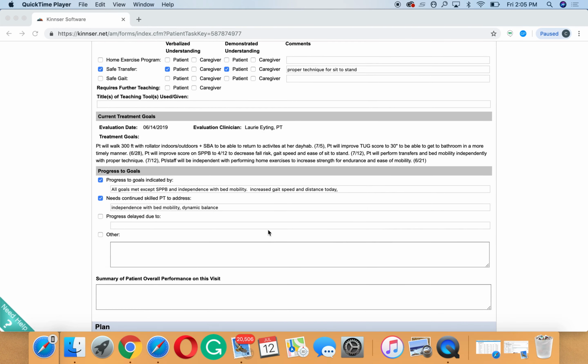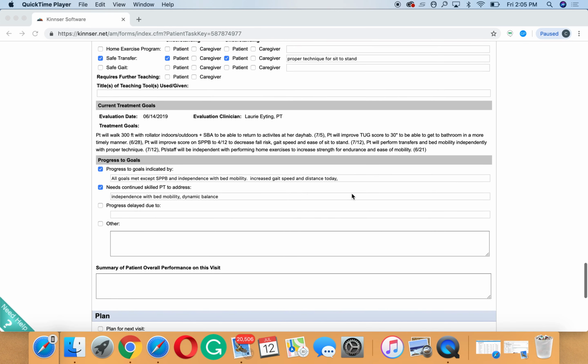Progress to goals. So progress has to be documented in a functional manner. I'd prefer not to just see muscle strength improve from 4- to 4+. I would prefer to say patient is having an easier time standing up from a chair.